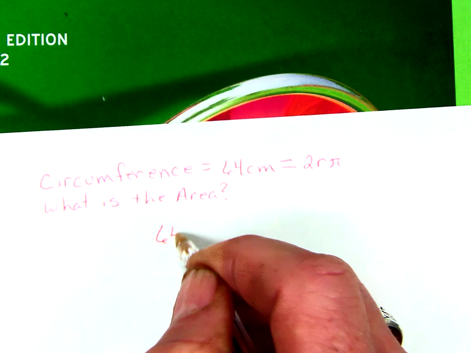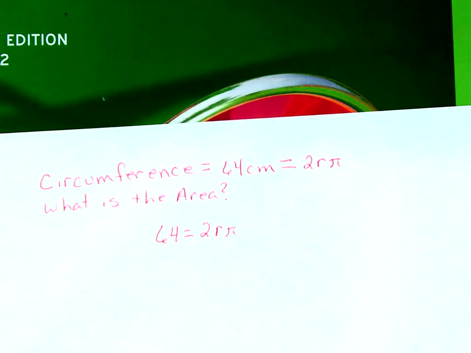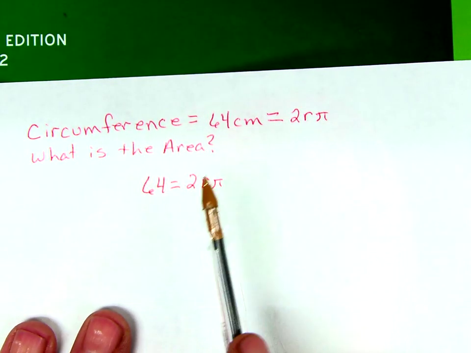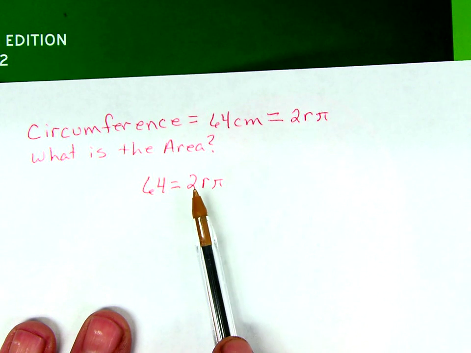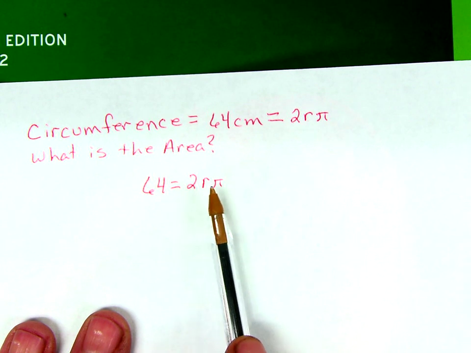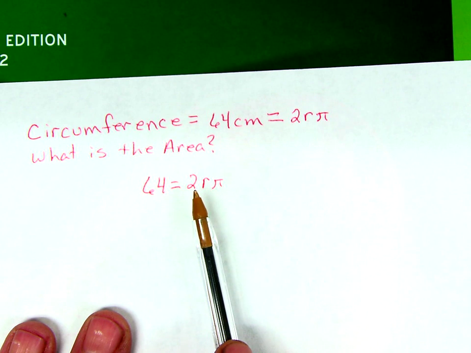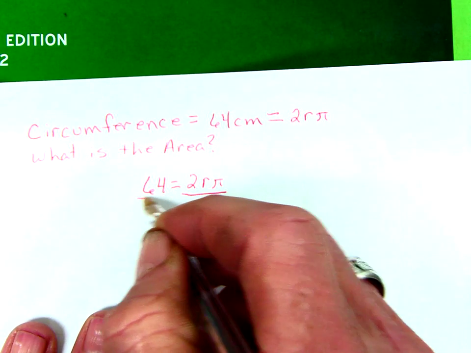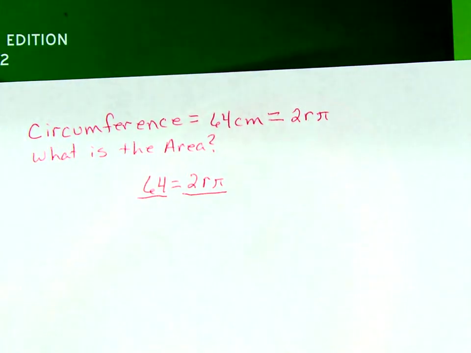So 64 equals 2 times the radius times pi. I need to get the r by itself. It's being multiplied by 2, and it's also being multiplied by pi. The opposite of multiplying is dividing. And there's nothing that says that I can't divide by two things at the same time.